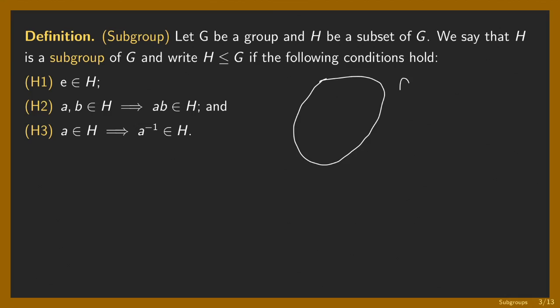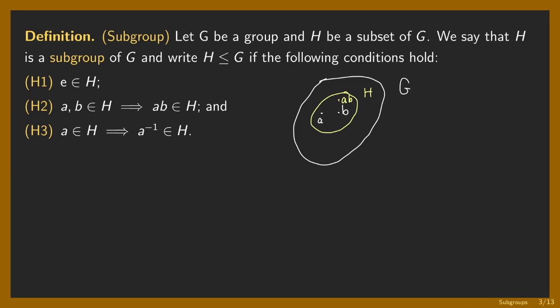Let's say this is the group G, and this is the subset H. It may happen that A and B are elements of H, but generally, as elements of G, the product AB might be outside the set H, and this is not a good situation. What we want for H to be a subgroup is that the product AB should still be inside H.